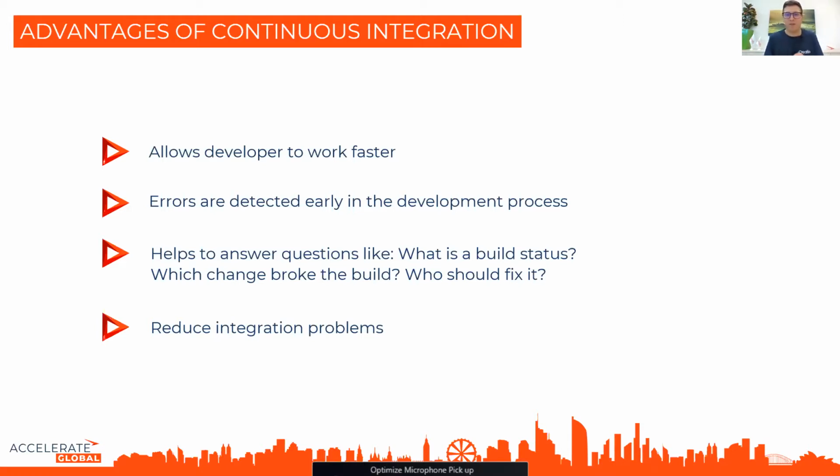Every time a developer pushes new changes to a remote repository, the tests will run, and hopefully we will have feedback on whether the build status is successful or the build has failed. It helps to answer questions like, what is the build status, which change broke the build, and who should fix it, right?